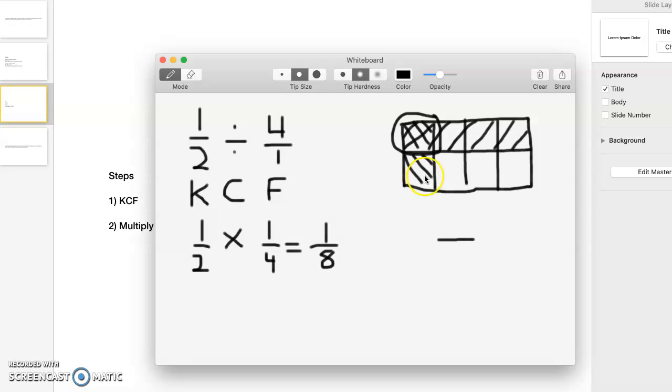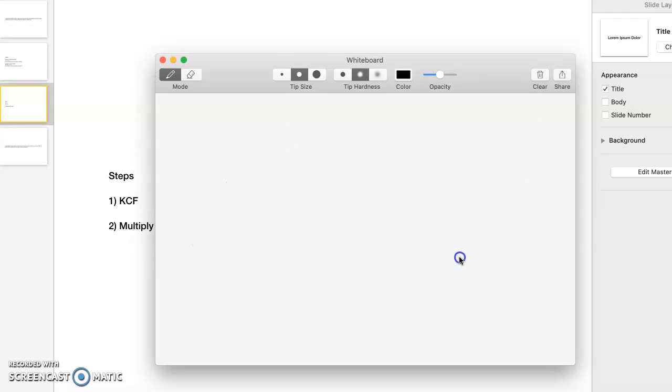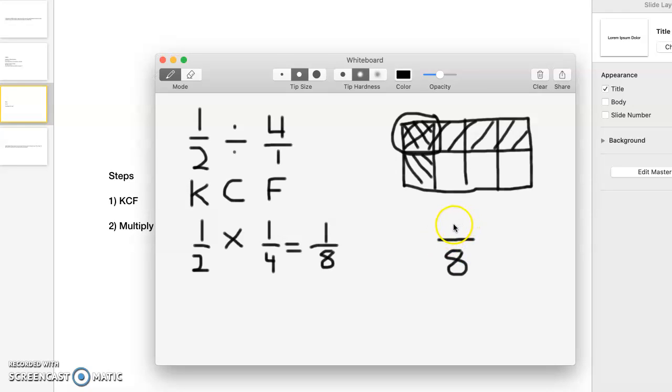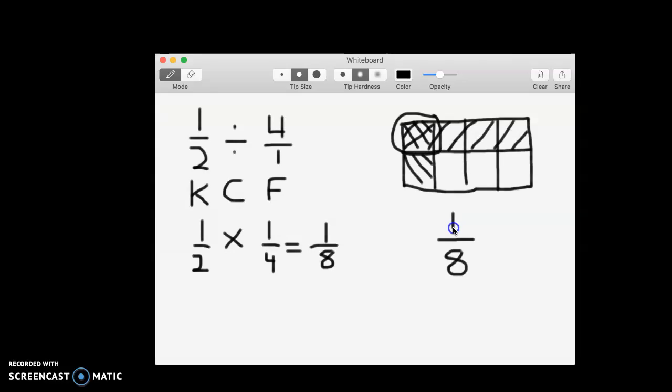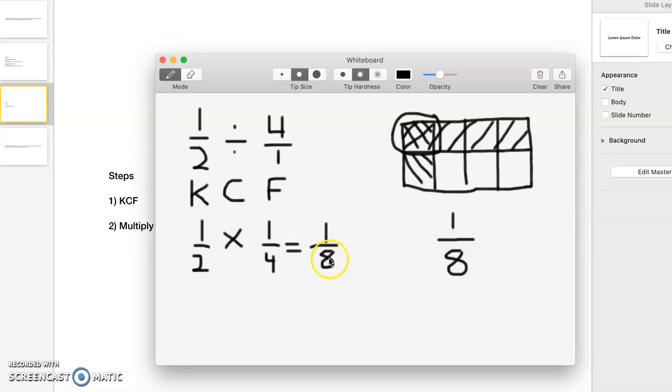So 1, 2, 3, 4, 5, 6, 7, 8. So that means our denominator is 8. This number will represent how many boxes we circled. So we only circled one box. So therefore, it's 1. And notice we get the same answer both times.